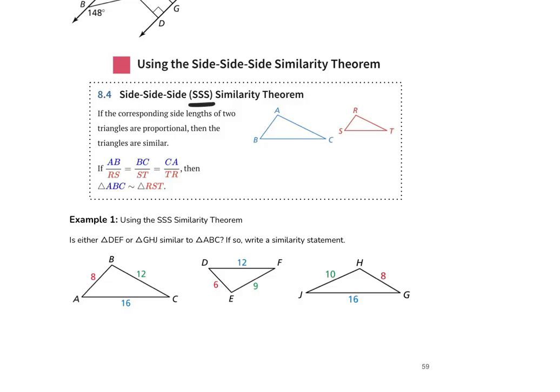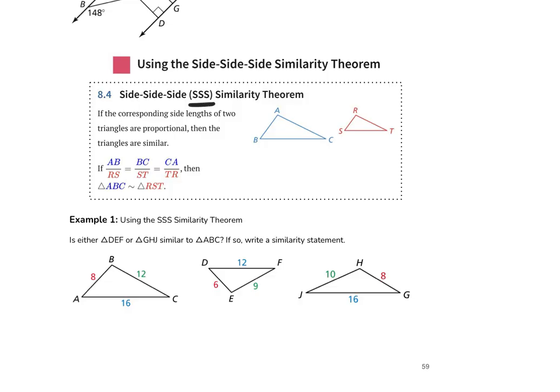And all of these theorems only work for triangles. Early on in 8-1, we were looking at other figures like quadrilaterals and parallelograms and maybe even a pentagon or a hexagon. But yesterday and then again today, we're only looking at triangles. That's the only type of figure we can use when we're using these theorems.